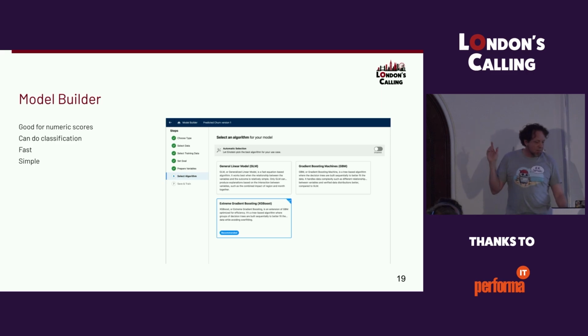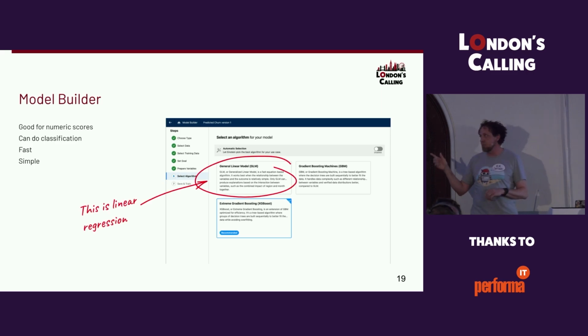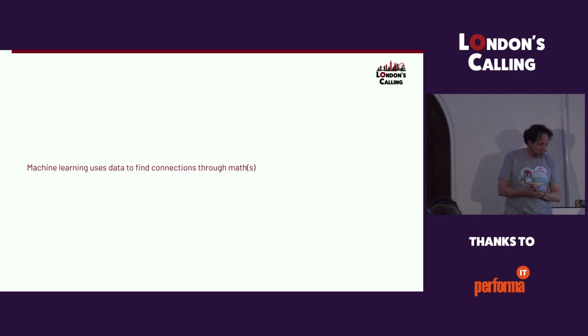In fact, linear regression is a type of model in Model Builder. They call it a general linear model, but it is linear regression. It's the same type of model. One of the nice things is you don't need to know all the machine learning stuff to get a linear regression model working in Salesforce. You just need Model Builder, which means you need Data Cloud. So bear that in mind.